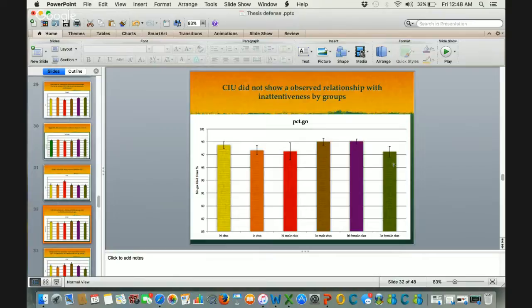Then we want to look at the percent of the go errors. The go errors mainly highlight inattentiveness, so they don't highlight impulsivity, but attentional capacity. So we saw here that with respect to compulsive internet use, there was no relationship with inattentiveness by the groups.